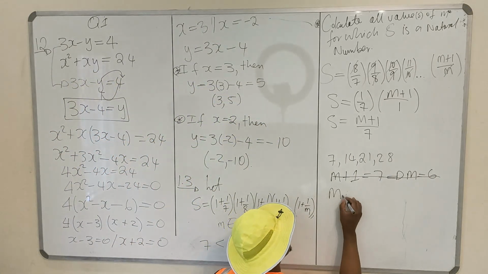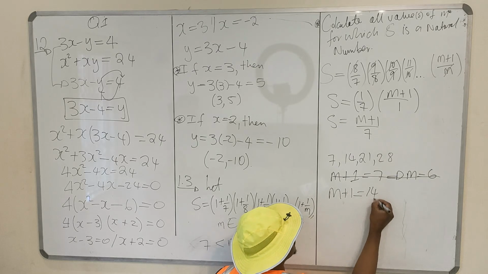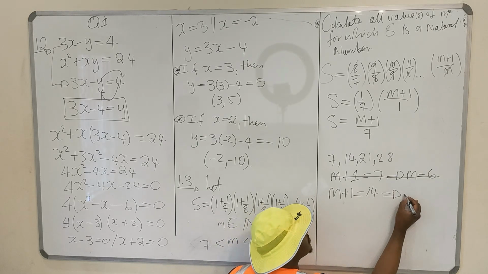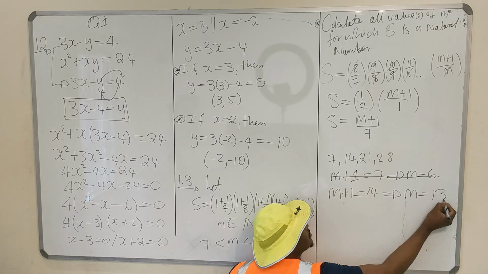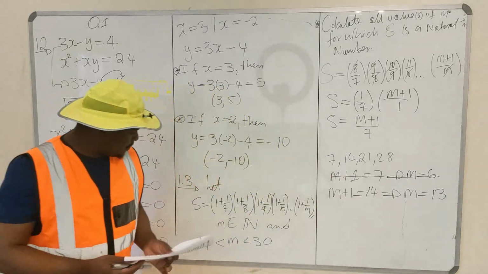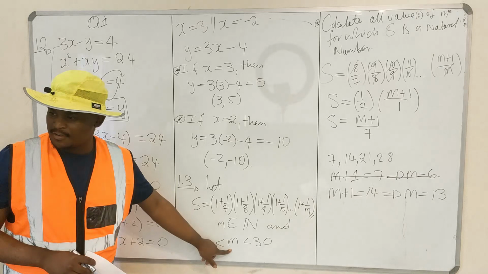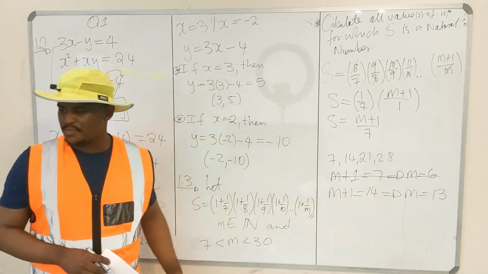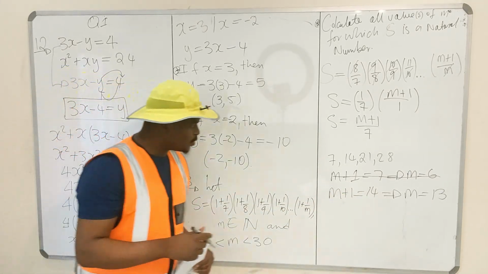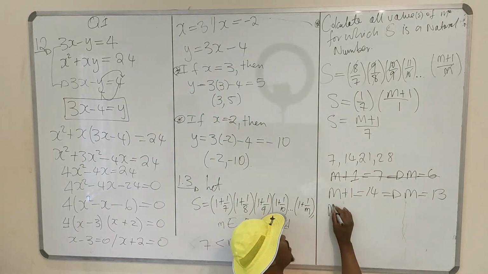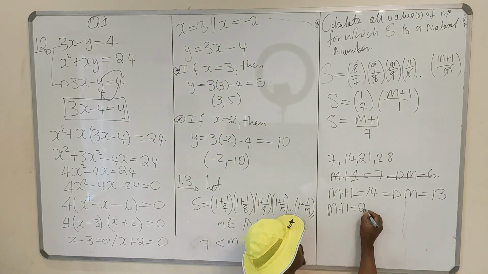We say m plus 1 is equal to 14. Which means your m is equal to what? It's equal to 13. So is your m inside this interval? Yes. Which means that one is correct. You can take it. So we go to the next one. m plus 1 is equal to 21.